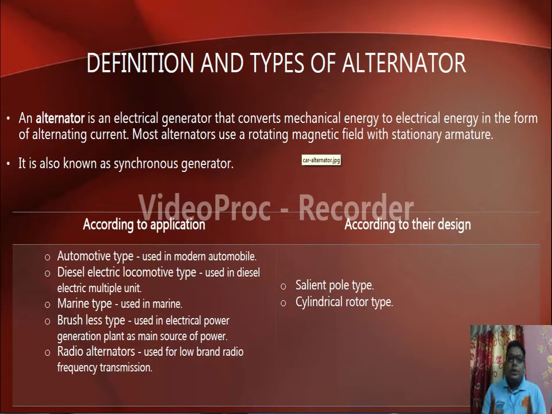Correct? So two things are main over there. One is that flux should be there, and another is that a conductor should be there. When those fluxes are cut by these conductors, only then is there generation of EMF.